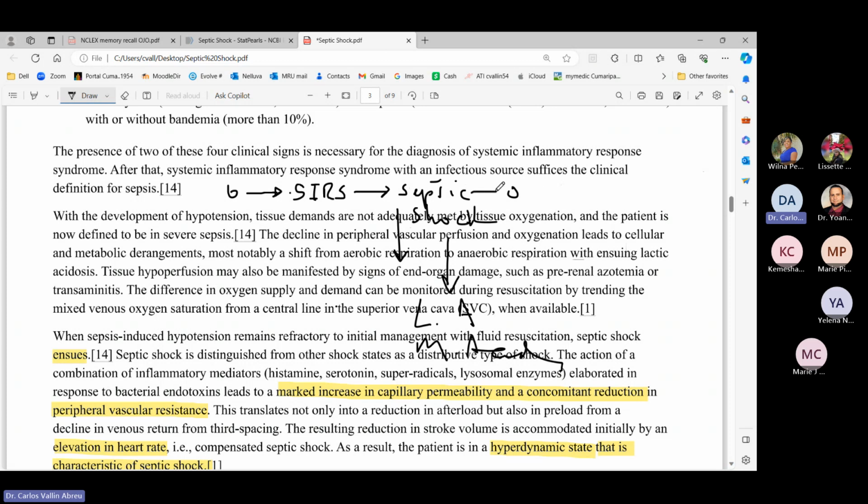And when this septic shock is not corrected properly, the death of cells appears, and with the death of cells, the death of tissues, and with the death of tissues, the death of organs. And then appears what is called multi-organ dysfunction syndrome, which is like a domino or snowball effect that usually is the irreversible stage of septic shock. When this appears, there is no way of going back.